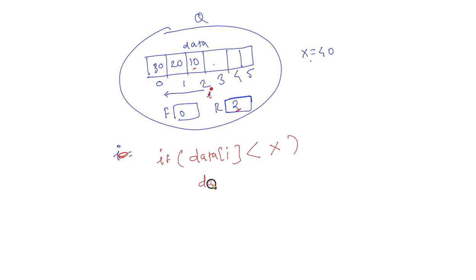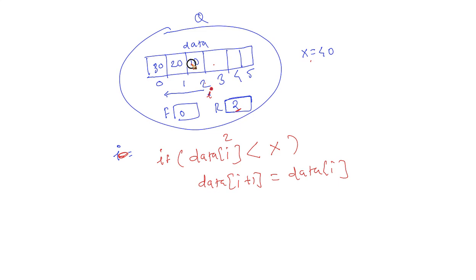So data of i plus 1 is equal to data of i. In this case, i is 2 because r is 2. And what is data of i? Data of 2 is 10. 10 is less than x. x is 40. Yes, 10 is less than 40.